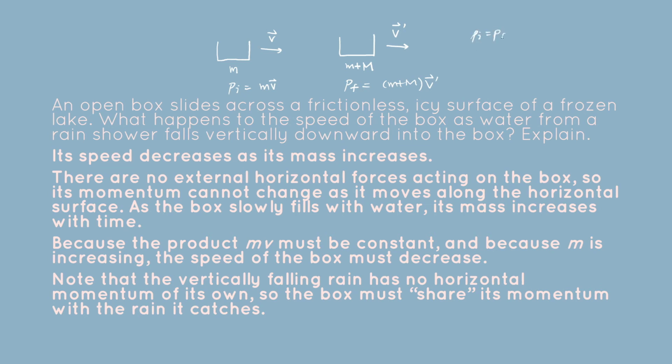So we see that the final velocity will actually be M over (M + m) times the initial velocity.